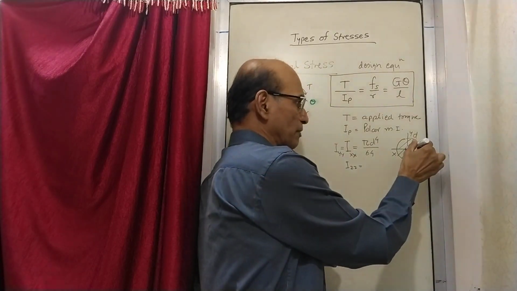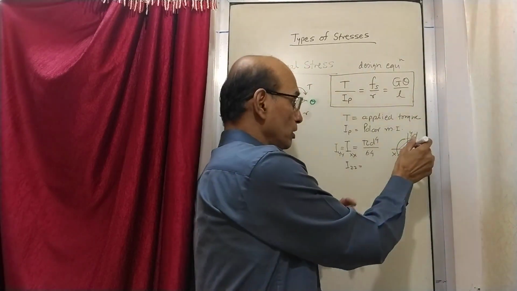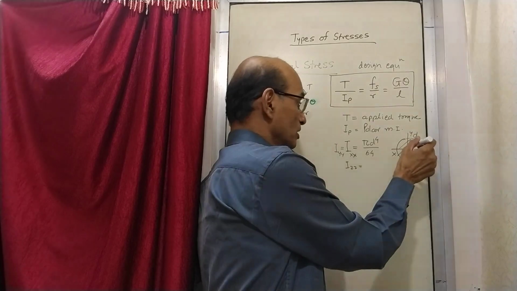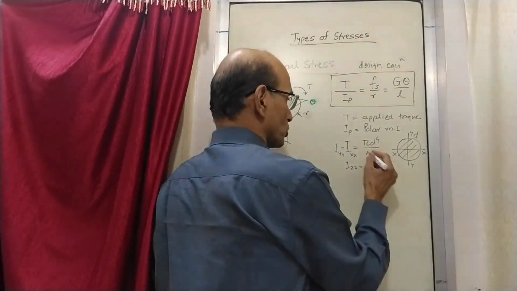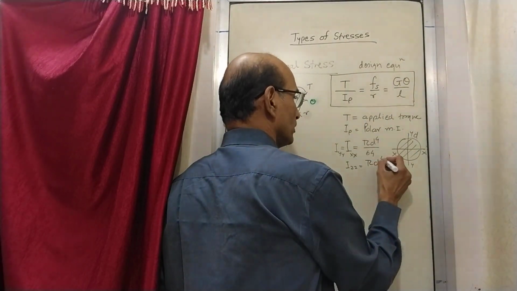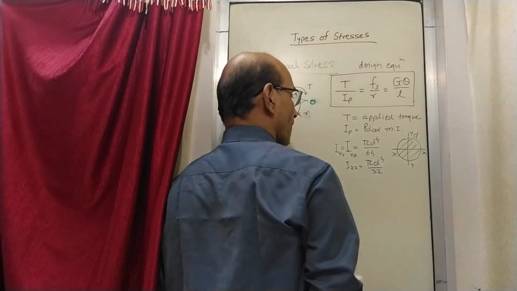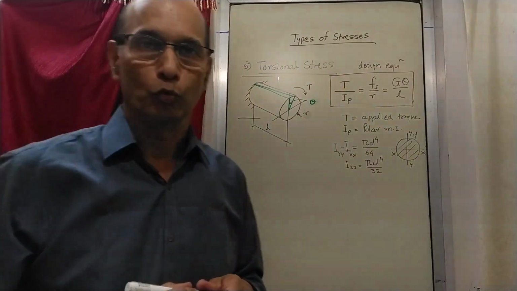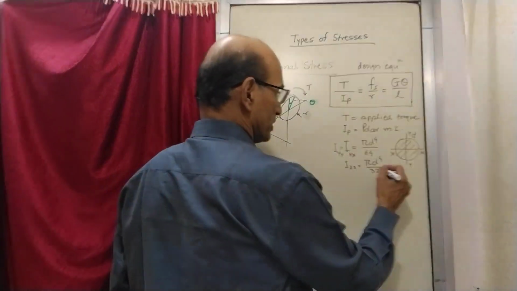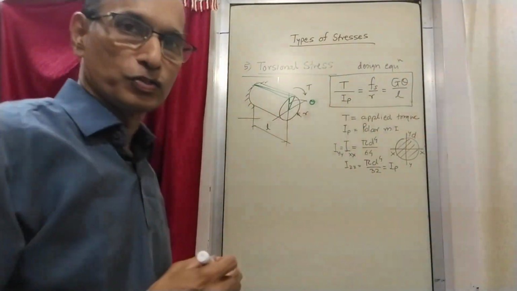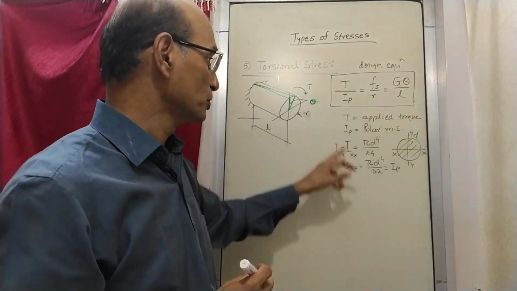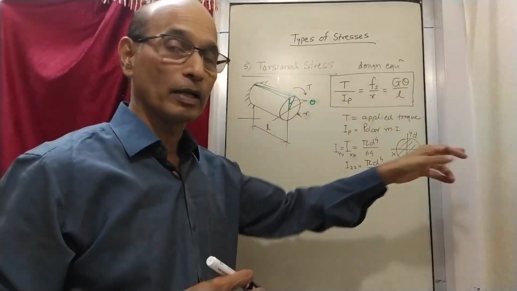So this plane I am showing perpendicular to the board, that axis is the zz axis. So the moment of inertia about zz axis is going to be the addition of the two. So that makes it pi d raised to 4 upon 32. Now this one, zz, is also called IP, that is the polar moment of inertia. So the polar moment of inertia is this, which is about axis zz.